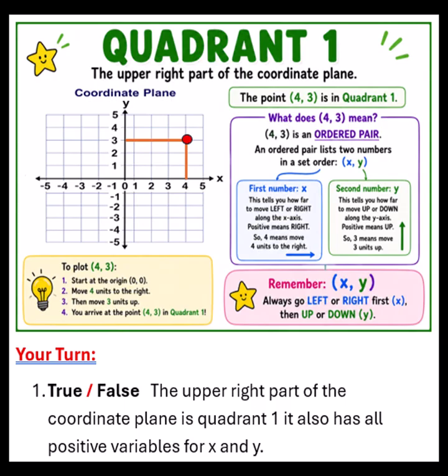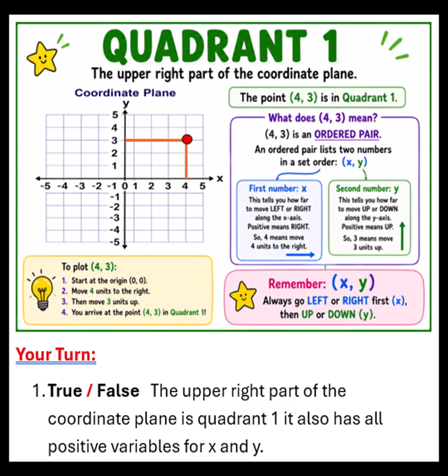So always go left or right first to find your x point, and then go up or down on the y-axis to find your y point, which is the second number. It all comes out to be 1 point in the end.